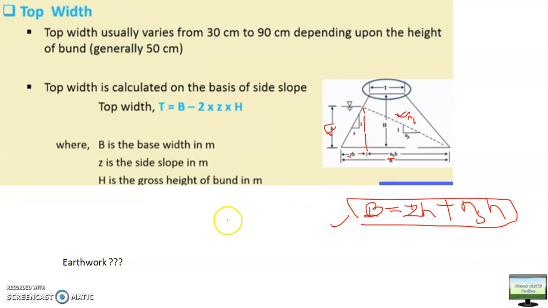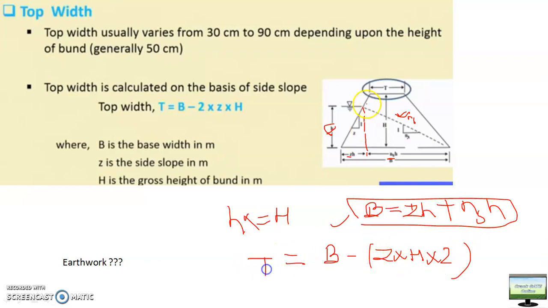You know the height of impounding water, you multiply it by freeboard, you will get the total height. And how will you calculate the top width? Base width minus Z times your total height into 2, so that will become your top width. Because the top width will be like this.